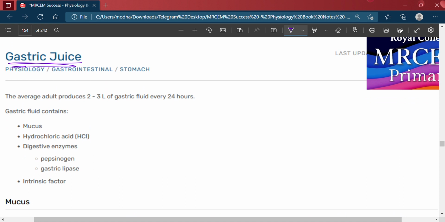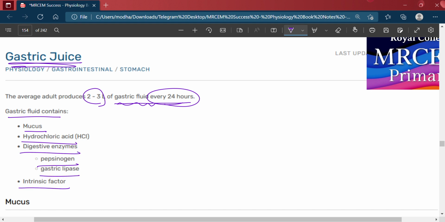Then gastric juice. The average adult produces 2 to 3 liters of gastric fluid every 24 hours. Gastric fluid contains mucus, HCl, and digestive enzymes like pepsinogen, gastric lipase, and the intrinsic factor.